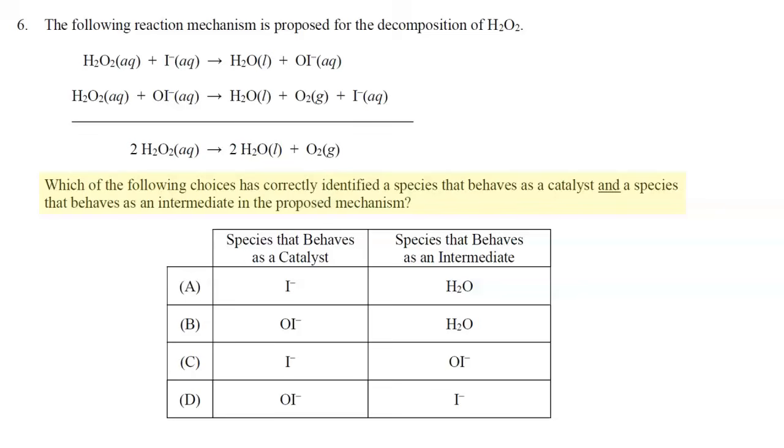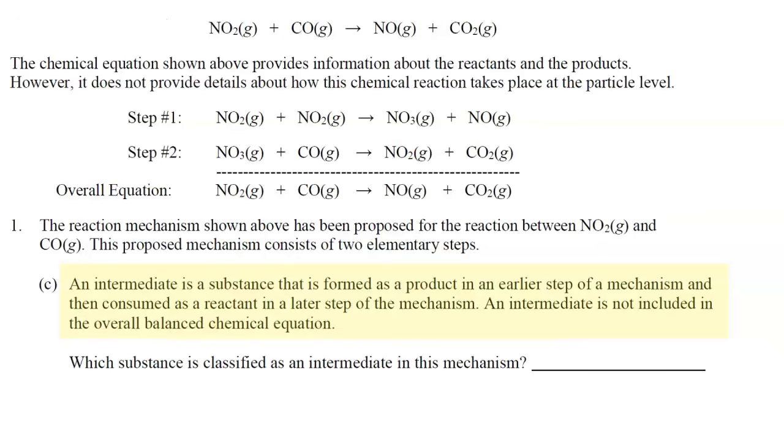So back in my video for topics 5.4 to 5.11, I taught that an intermediate is a substance that is formed as a product in an earlier step of a mechanism and then consumed as a reactant in a later step of the mechanism. So on this slide, we can see that the substance NO3 is formed as a product in step 1 and then also consumed as a reactant in step 2. So NO3 would be classified as an intermediate in this particular mechanism.